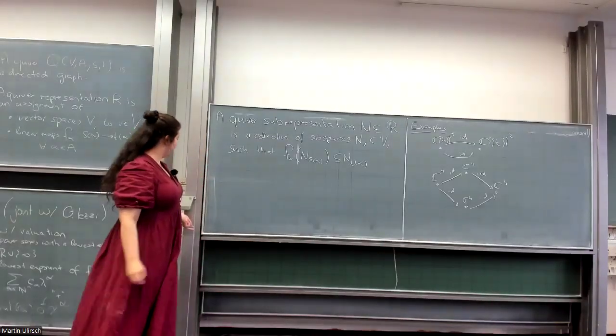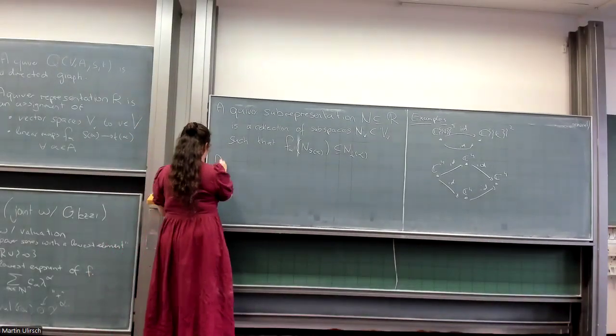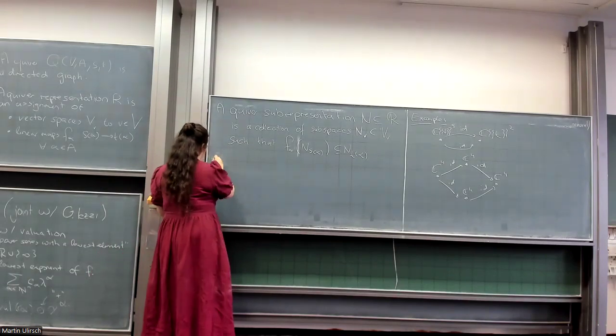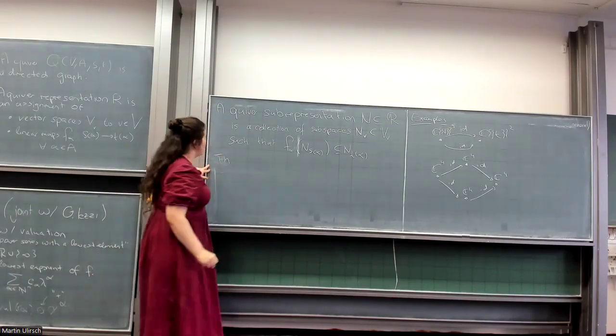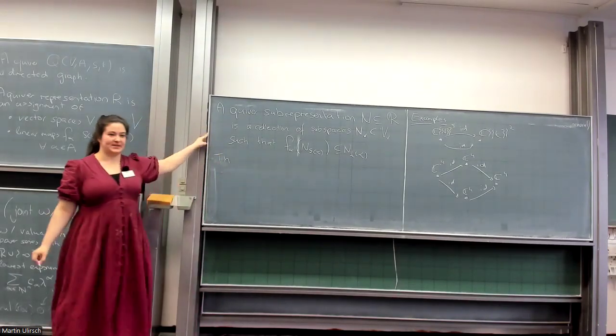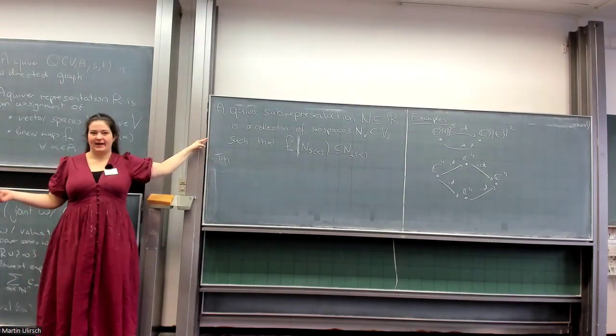And now the quiver Grassmannian, as I already spoiled you a few minutes ago, is the parameter space of all these quiver subrepresentations with respect to a fixed dimension vector.